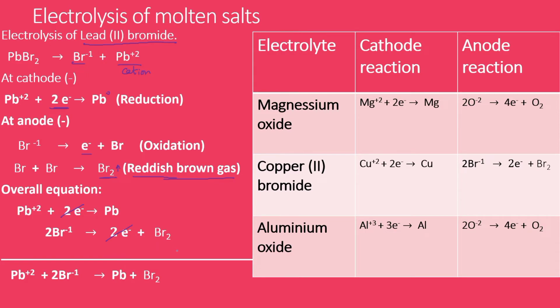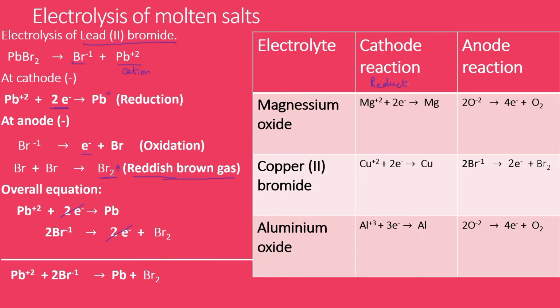Here in the table you can see the anode and the cathode reactions, or you can say the half equations. The half equations are ionic equations showing separate oxidation and reduction steps in the redox reactions. So remember that at the cathode, the reduction occurs because of the gain of electrons.